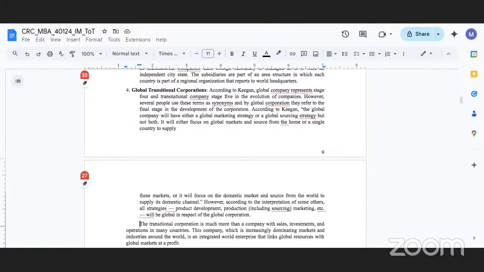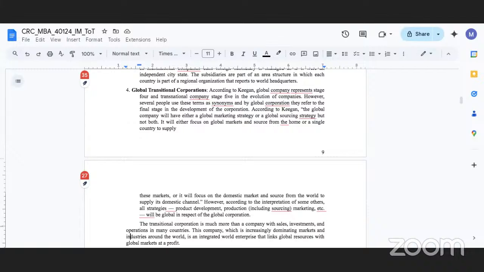But generally, when we talk in terms of a global corporation, it refers to the final stage in the development of the corporation. According to Keegan, the global company will have either a global marketing strategy. I'm not now looking at how I am selling my products in my own domestic market or home market, and how I can expand or adapt my product internationally.